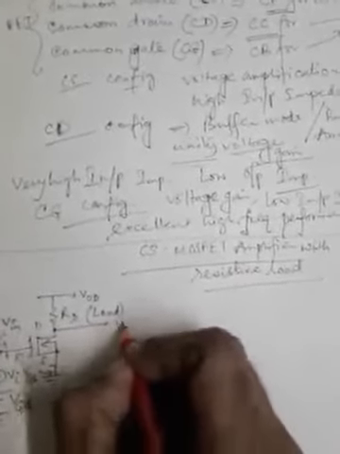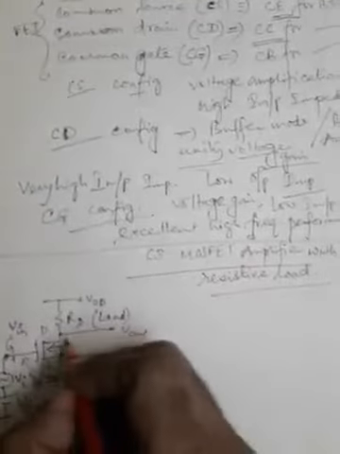This is VO or Vout, and between the drain and source VDS is measured. So this is the voltage between drain and source. So this is our circuit, which is useful for us to explain the operation of common source MOSFET amplifier using resistive load. So this is the circuit.